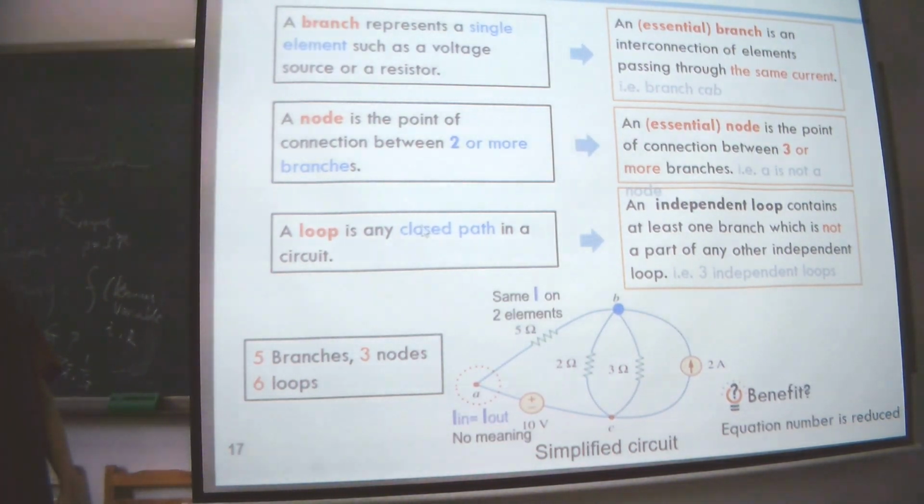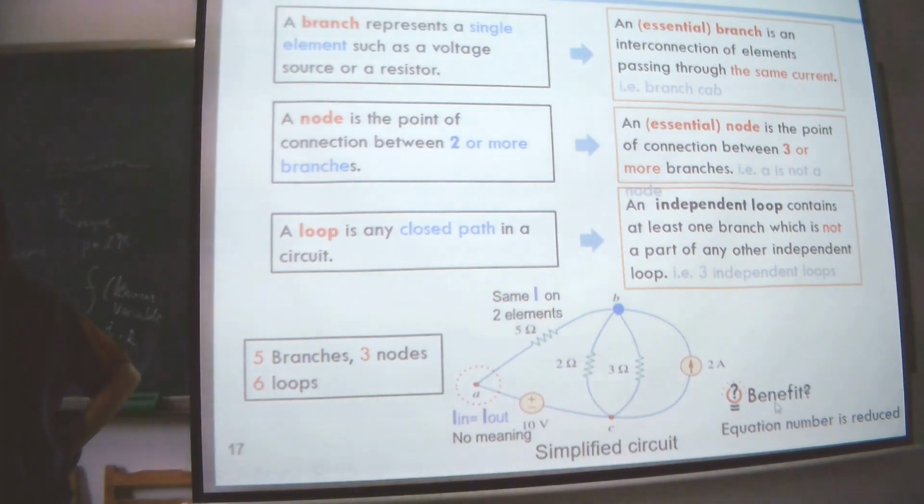Okay, so a loop is a closed path in a circuit. But here, we defined an independent loop. It consists of at least one branch which is not a part of any other independent loop. So this one is easier for us. Here we have 5 branches, 3 nodes, and 6 loops before, right?